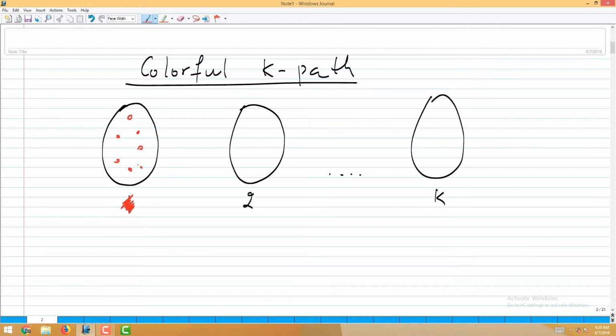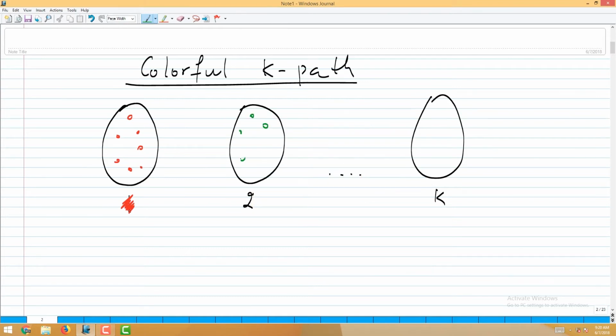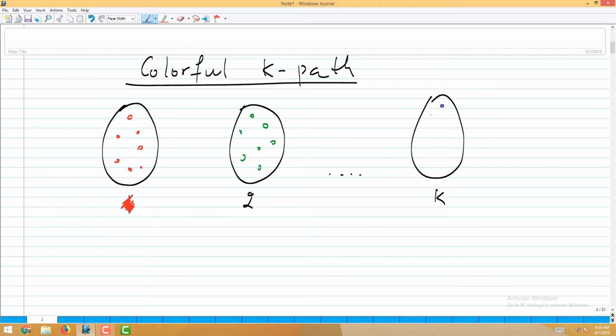Let's say 1 is color red. The next set is the vertices that have got colored 2. So 2 is green and so on. You'll use k colors. Suppose the kth color is blue. So this is how my input looks.